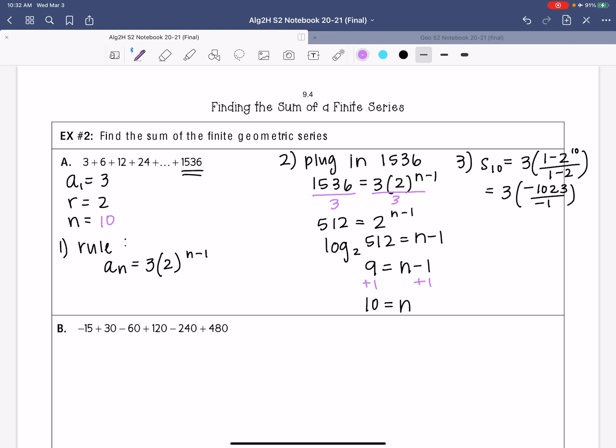Again, I have a negative divided by a negative, so that's going to become a positive. So we end up getting 3 times 1,023, and that's going to give me 3,069. So the sum of the first 10 terms of this series is 3,069.